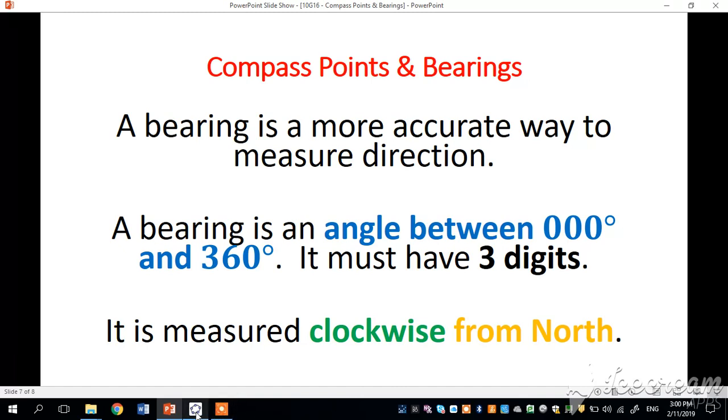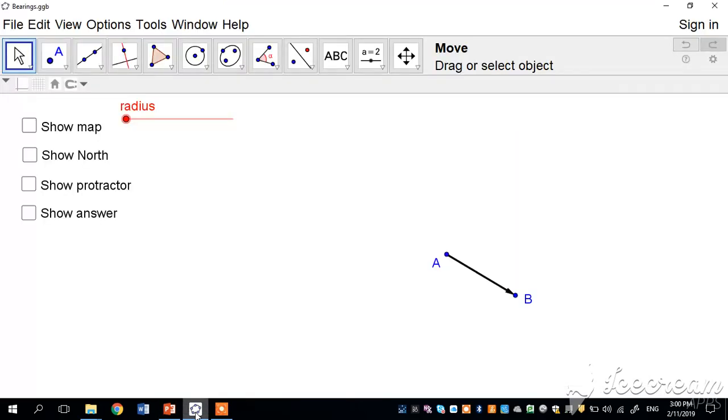So let's get into some examples and show you what bearings are all about. Here's an example where we are starting at point A and traveling in the direction to get to point B. What bearing is this? Well, let's bring up the north, and north is always considered to be up the page, straight up. This is the angle that we have to measure to work out our bearing.